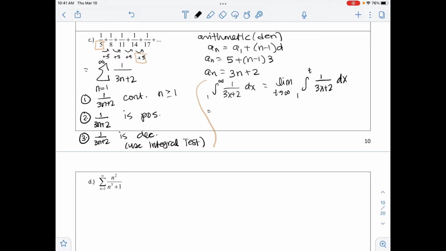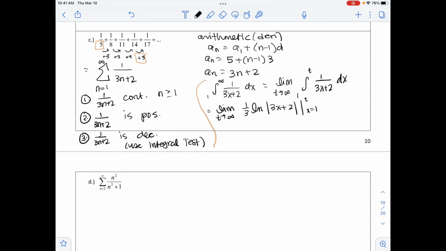And so from here, we have the limit as t approaches infinity of 1/3 the natural log of the absolute value of 3x plus 2, and we're evaluating this from x equals 1 to t.